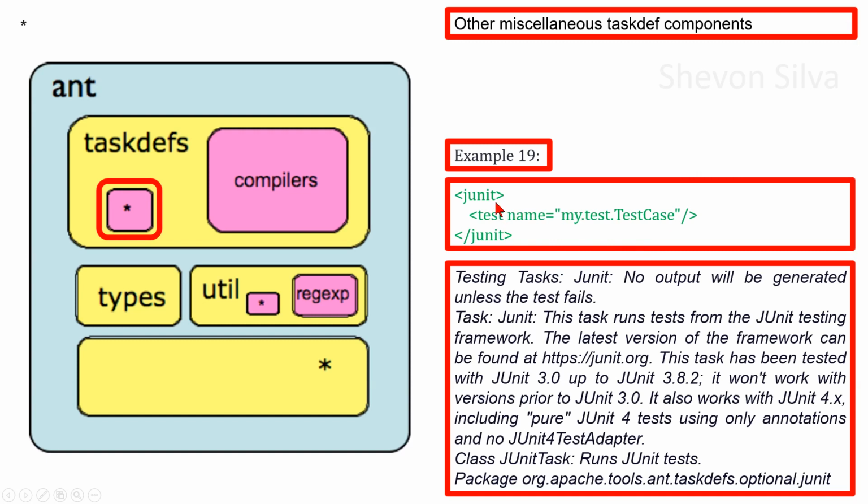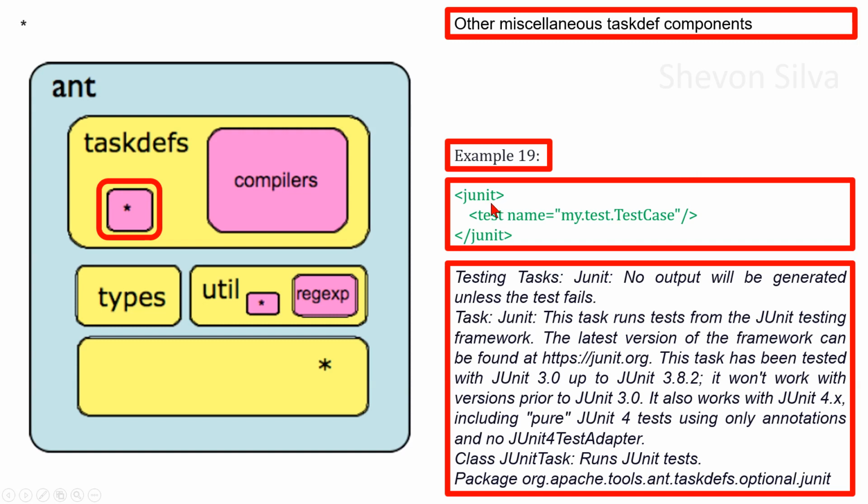This task has been tested with JUnit 3.0 up to JUnit 3.8.2. It won't work with versions prior to JUnit 3.0. It also works with JUnit 4.x, including pure JUnit 4 test using only annotations and no JUnit 4 test adapter.